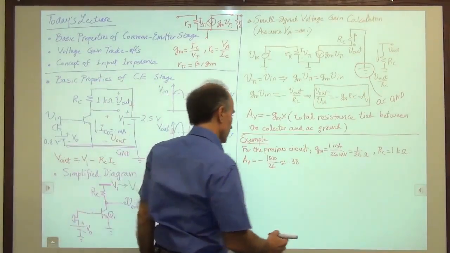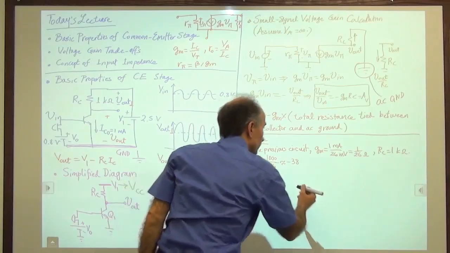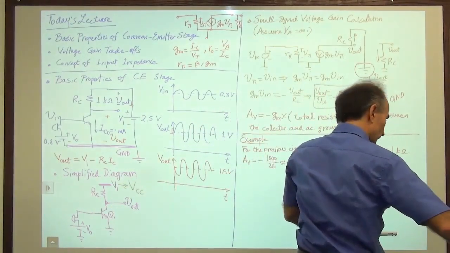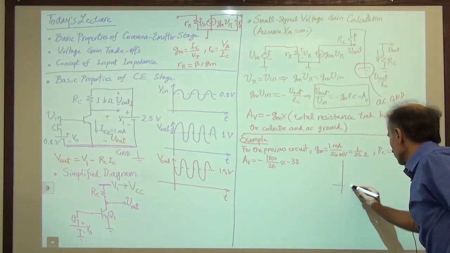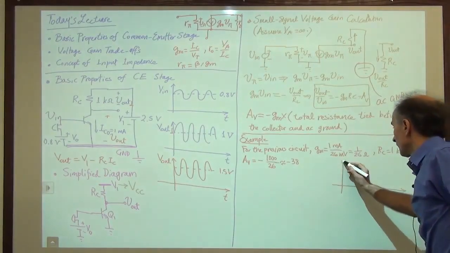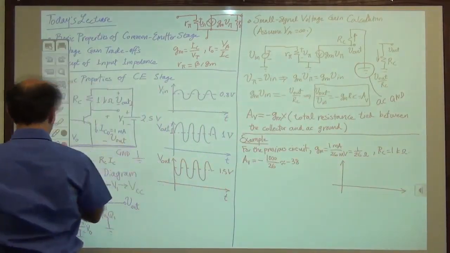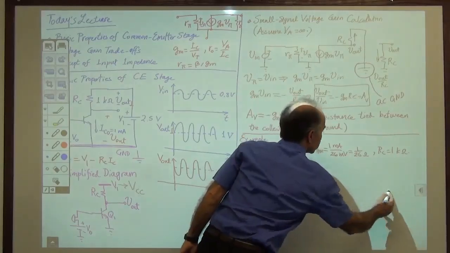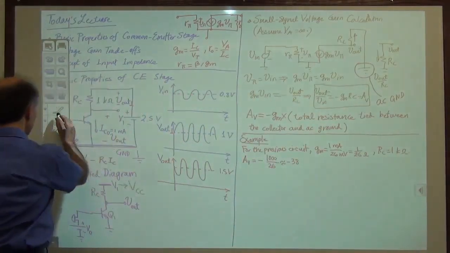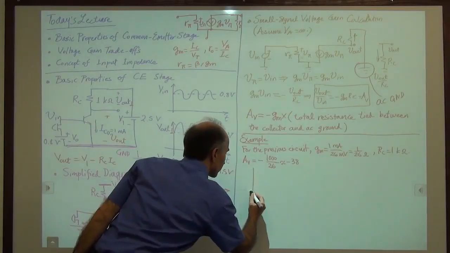So here's what we will do. We'll start with the input. So let me try to draw these very carefully here. So actually, let me draw these on this side. So let's start from here.